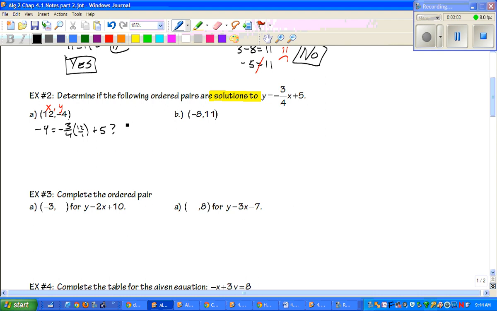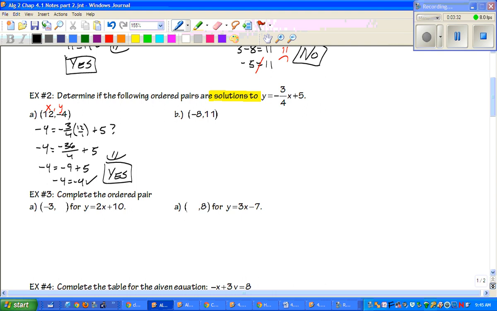So are those going to equal each other? Multiply the numerators, you get -36/4 plus 5. -4 equals -36 divided by 4 is -9. And when you combine those, you get -4. So we are happy. This is a yes.